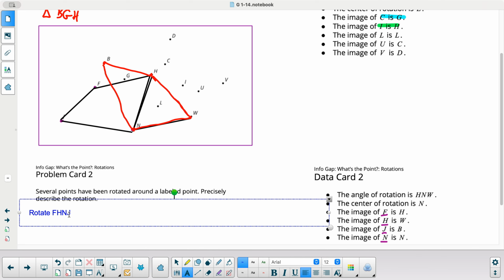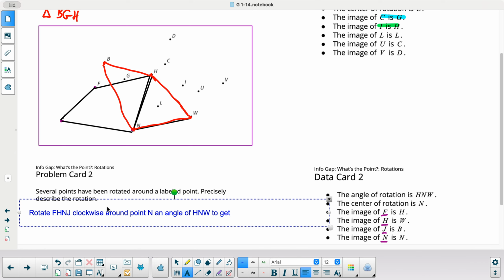So we're going to go clockwise around point N. N is my center, through an angle of H N W. Okay, that's your angle of rotation. So you need a center, point N, you need an image, and we need a direction, and we need an angle of rotation.